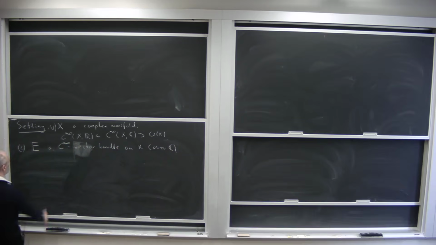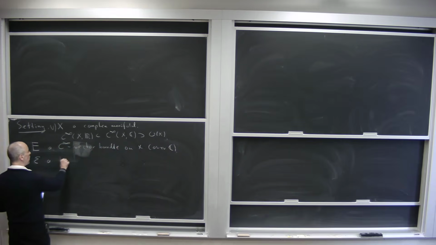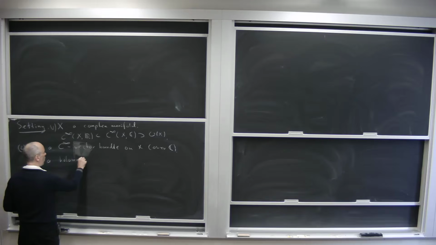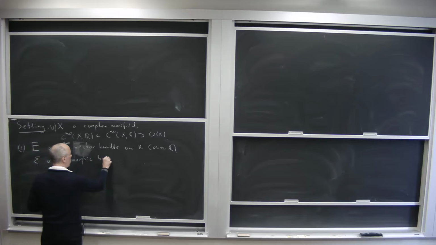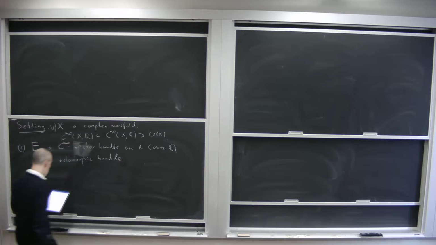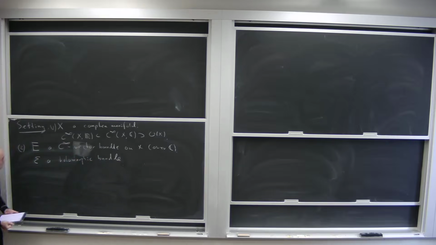And now if I will be thinking about holomorphic structure, so if it's a holomorphic bundle, I will use notation like this. So E will be a holomorphic bundle with the same underlying E. All right, and then, as the talk says, there will be connections.